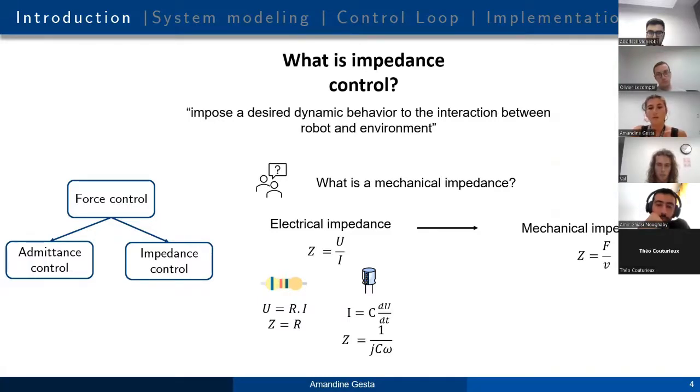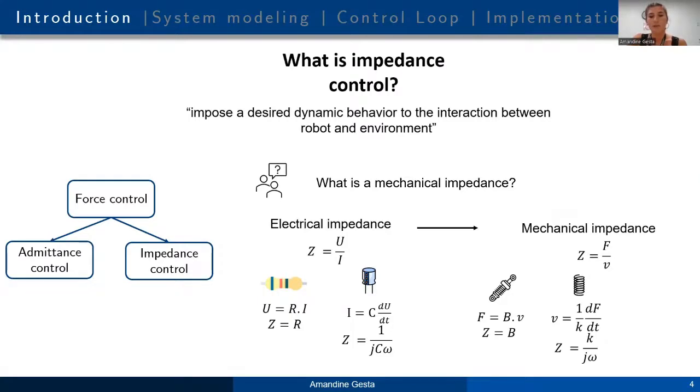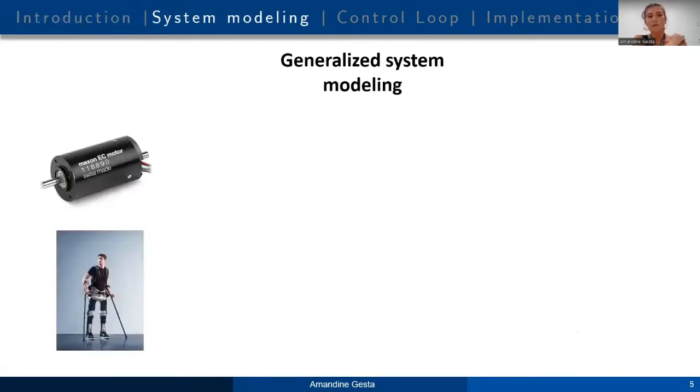There are three main components that we should know. The first one is the damper, the second one is the spring, and the last one is the mass system. Each impedance is linked to, respectively, the damper coefficient, the stiffness coefficient, and the mass. So why is it important to know these specific components' impedance?